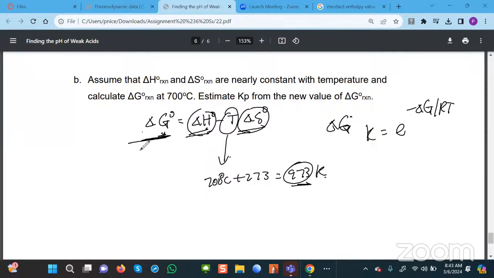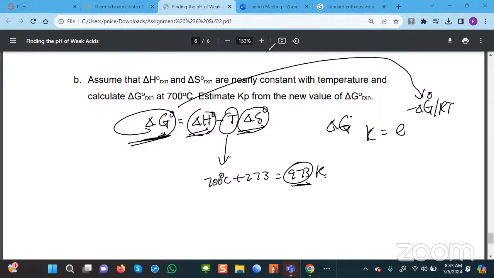So once you find a new delta G value, you plug that into this equation and find a new value of K. And that's it. So you can try that on your own. If you have any questions, feel free to contact me and I'll help you with that.